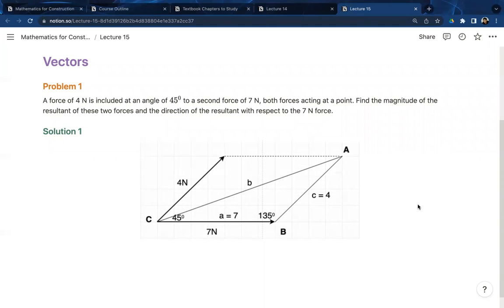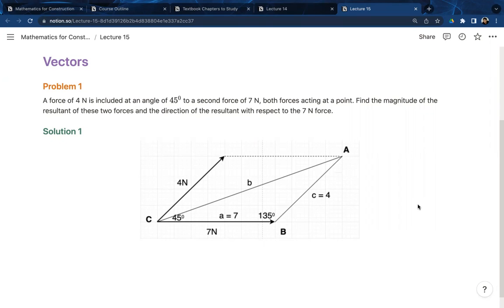A parallelogram is a slanted rectangle, right? You have 7 below and the 4 on the sides. We had to add them vectorially, or geometrically, right? You had to add these forces here using diagrams. This is how we add vectors.